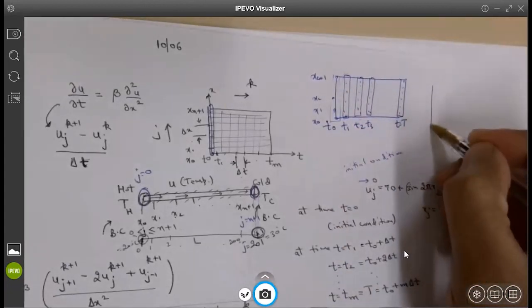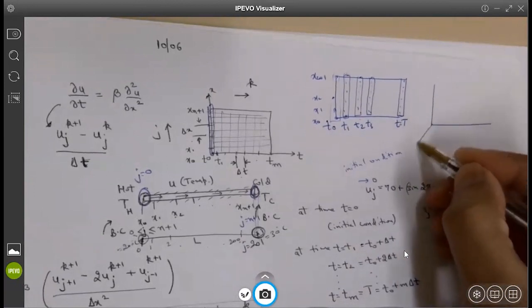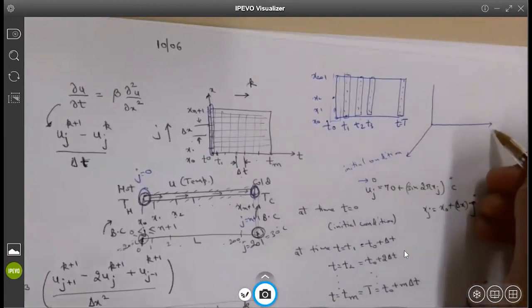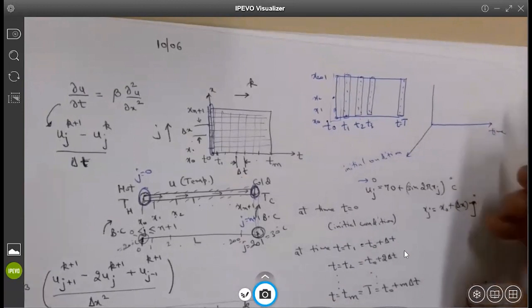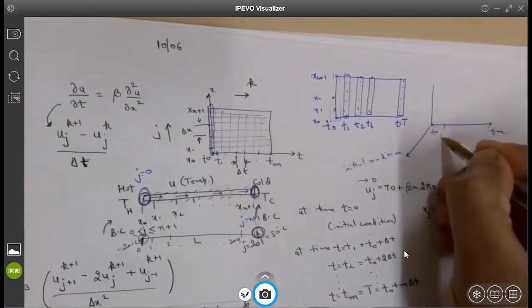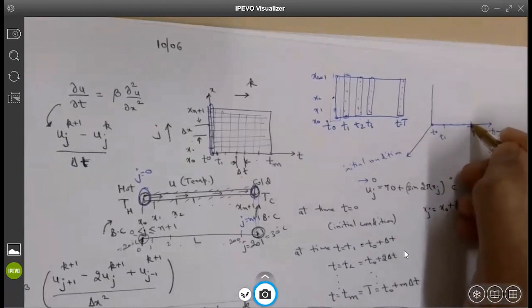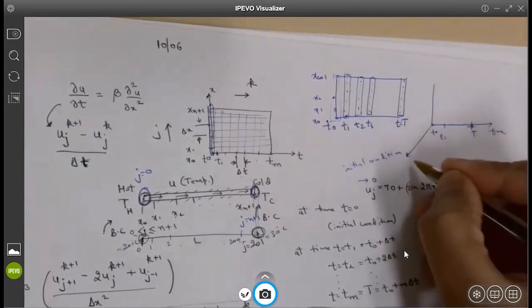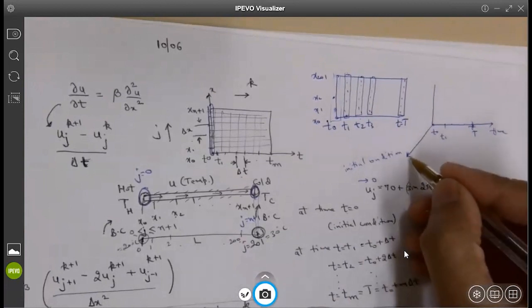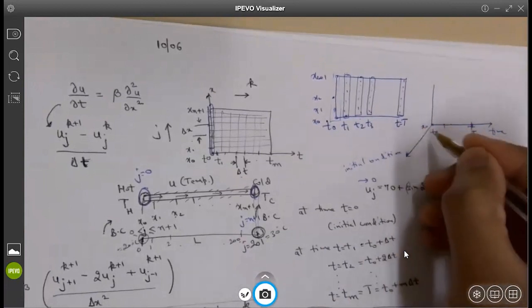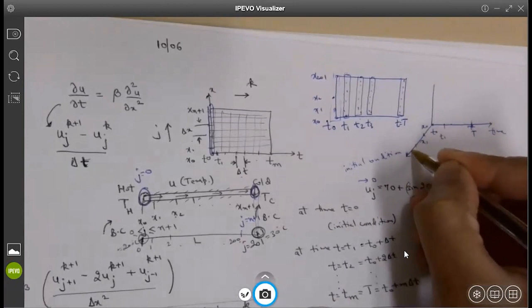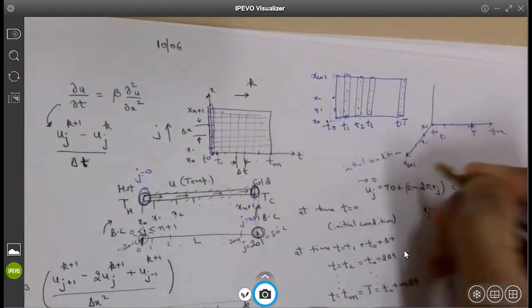What you need to plot is a 3-dimensional plot where your x-axis will be time. So it goes from T0, T1 up to capital T. Your y-axis has the spatial coordinates, so it starts from x0, x1, x2 up to x201.